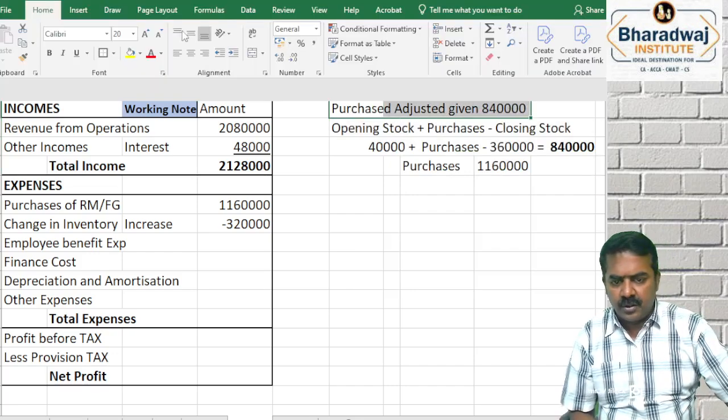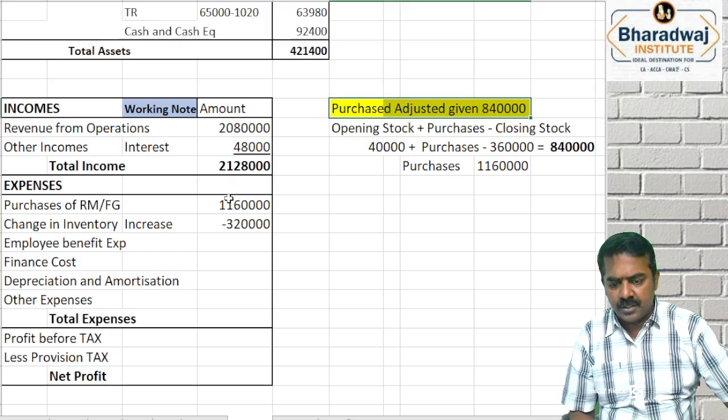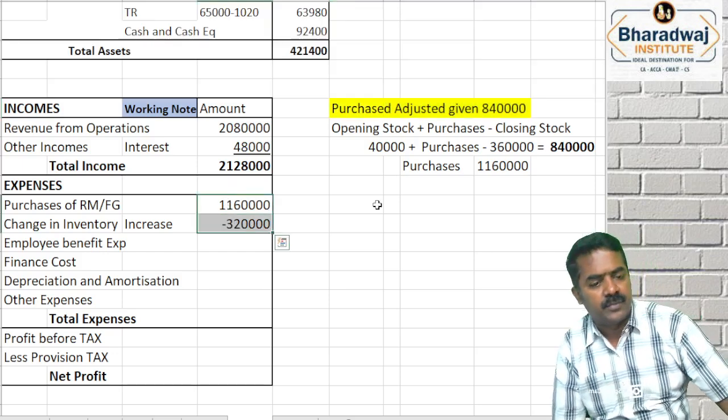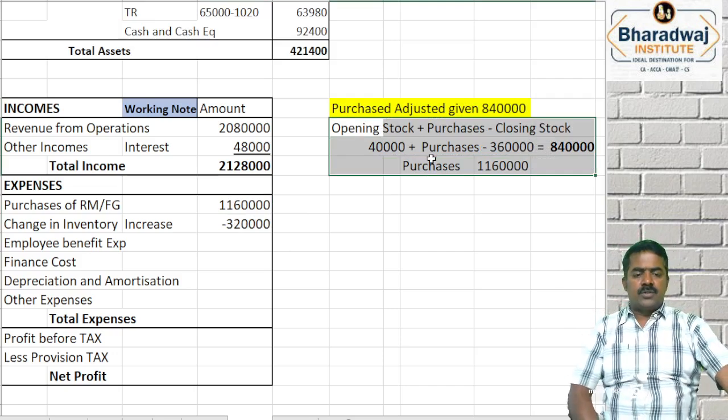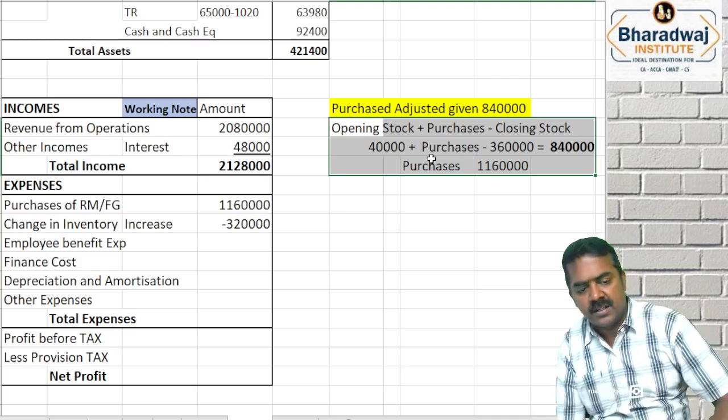So option 1, you can directly take 8,40,000 and proceed because the net impact of these two is 8,40,000. If adjusted purchase is given, the change in closing stock and opening stock has already been adjusted.